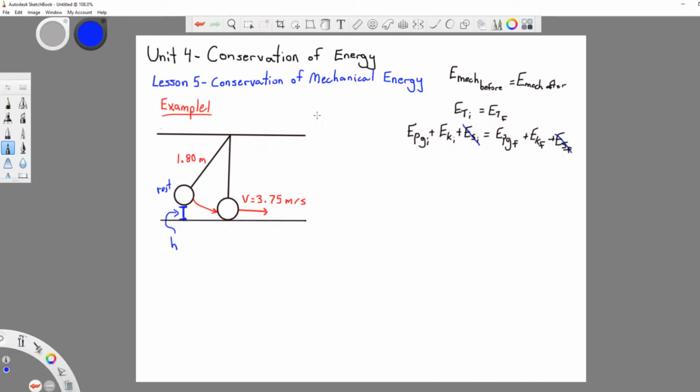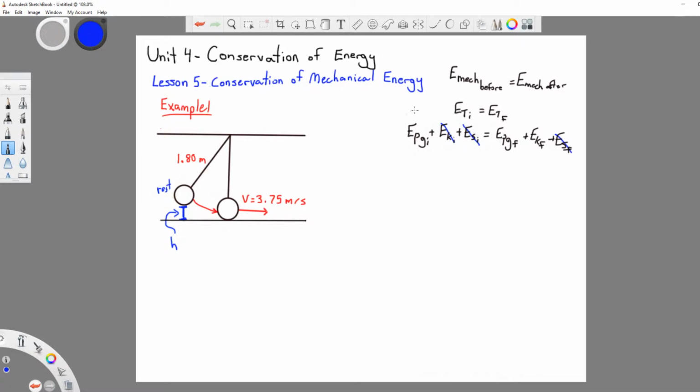Formula for EK is 1/2 mv squared. So let's cross out initial kinetic energy. But if there's height and there's mass, that means we have potential energy. Now a little note that we don't see mass here. Don't worry about it yet. That's the trick of the question.